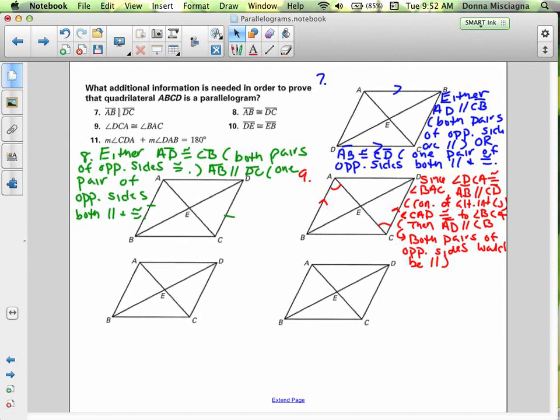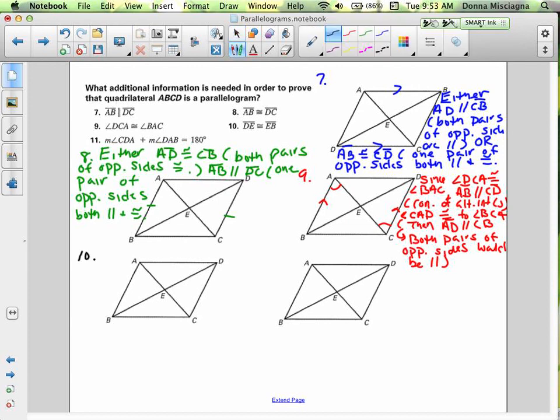If angle CAD was congruent to angle BCA, then AD would be parallel to CB, and then we'd have both pairs of opposite sides parallel. All right? Let's go to number 10.